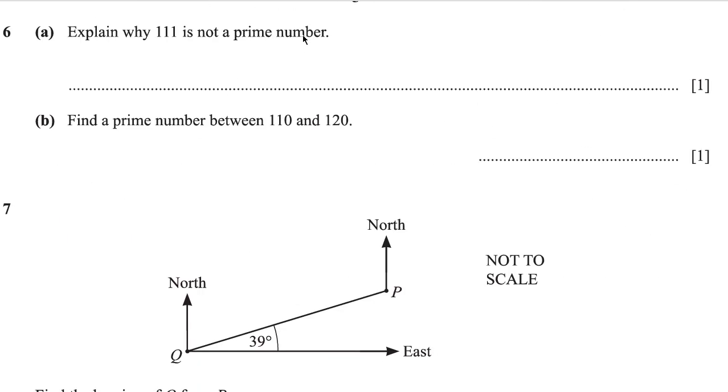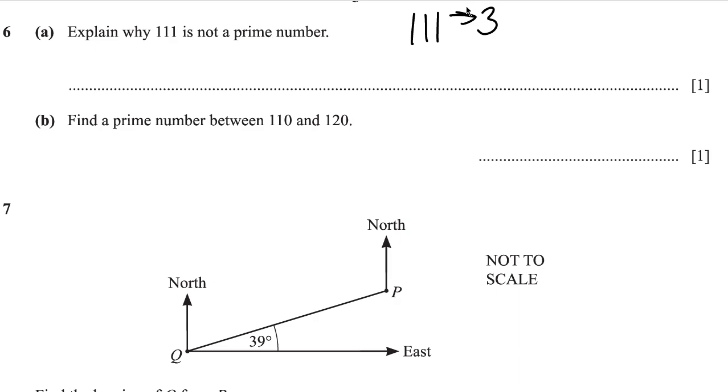Hope you get that. Question 6 says explain why 111 is not a prime number. That's simple, right? What's a prime number? That's the first question. It's simply a number that has two factors, 1 and itself. So it's not divisible by any other number. So 111, if you look at the number 111, you'll see that the sum of the digits is 3.